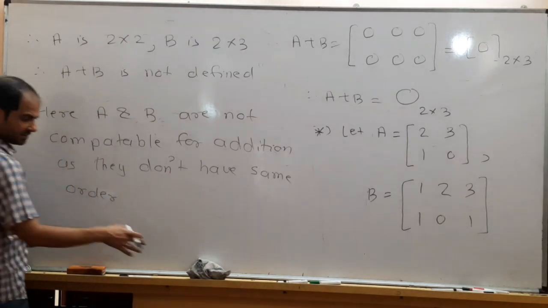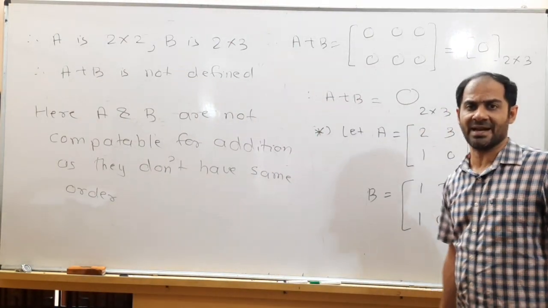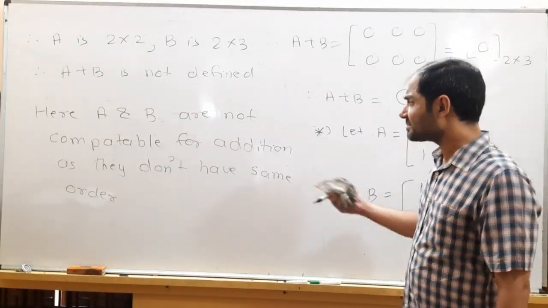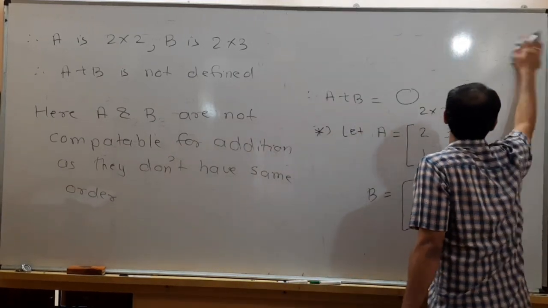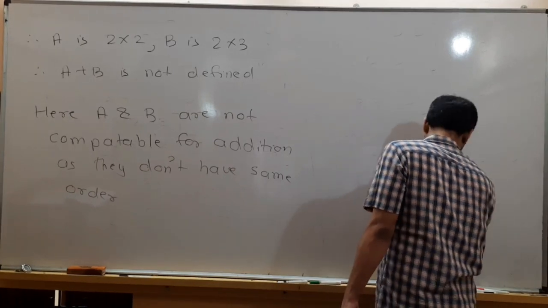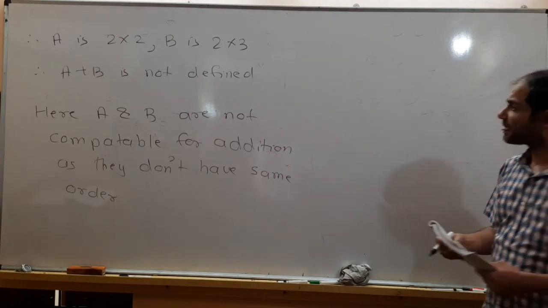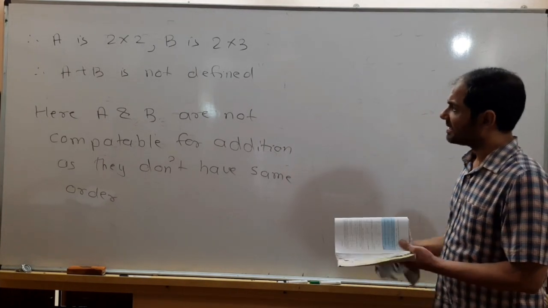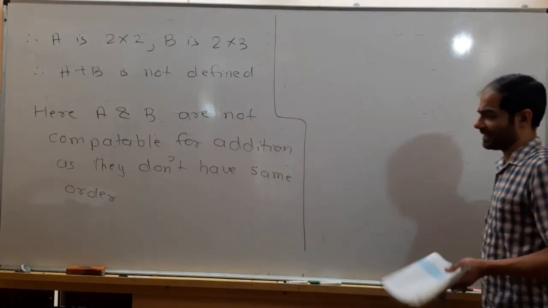I hope I'm clear. So I gave you the example of addition of two matrices, and I also gave one example when addition of two matrices is not possible. So that's the first part which we did extra. Now this is the simple thing for addition of matrices.